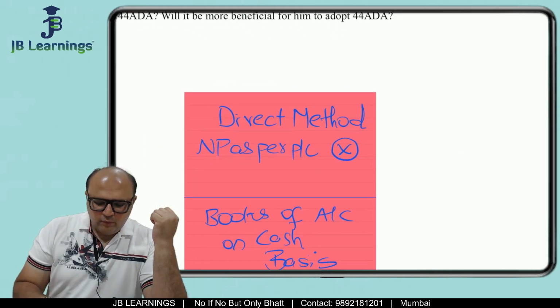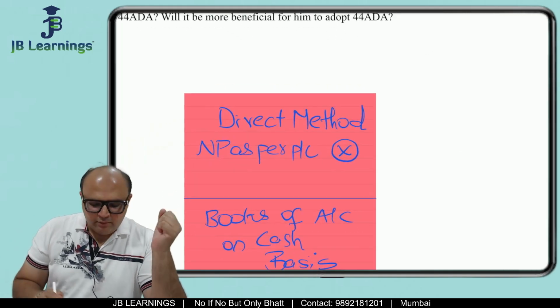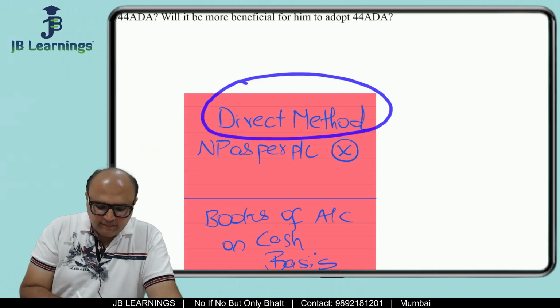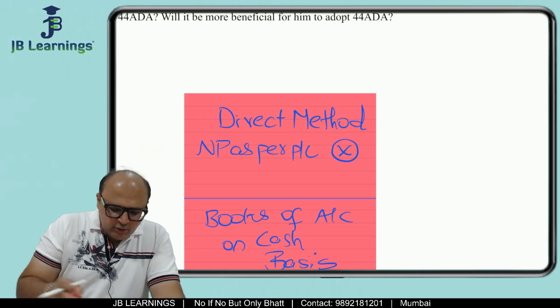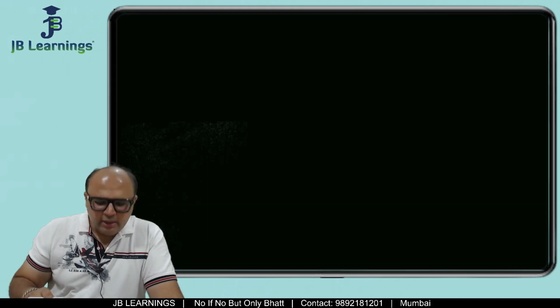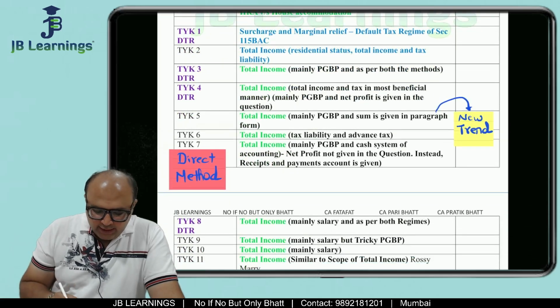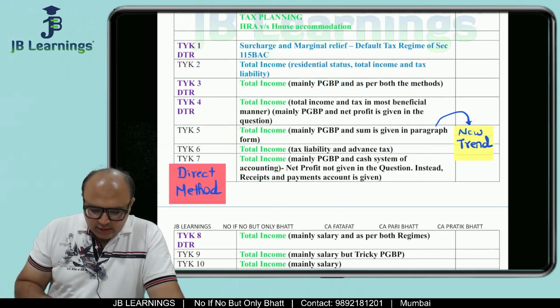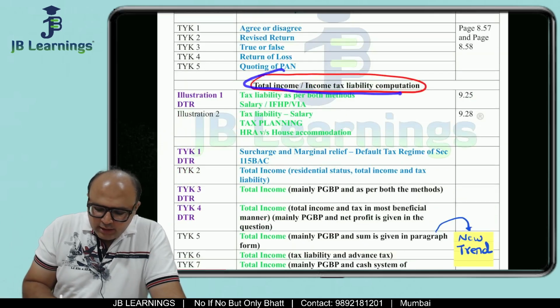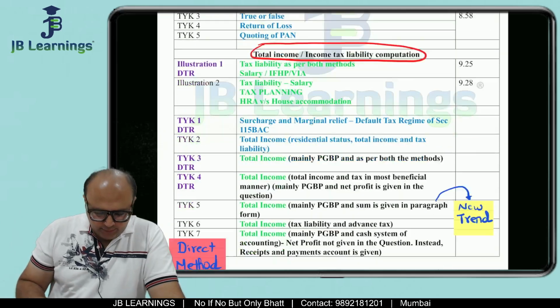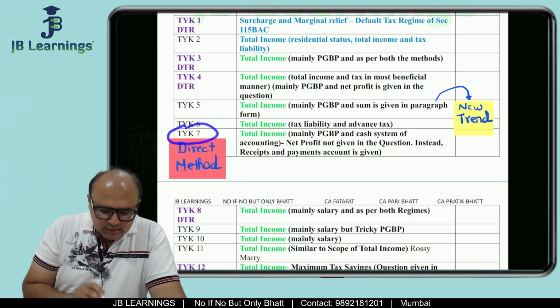Friends, in this question we have to solve PGBP as per direct method. Just a few minutes back I was checking your income tax module analysis and I found out that on direct method there is only one sum in your module, in your total income tax liability computation chapter, test your knowledge, question number 7.